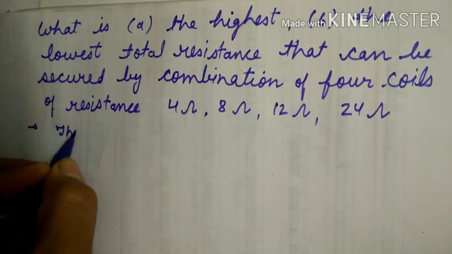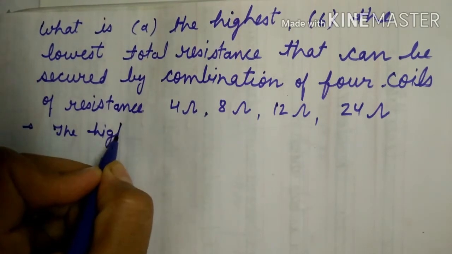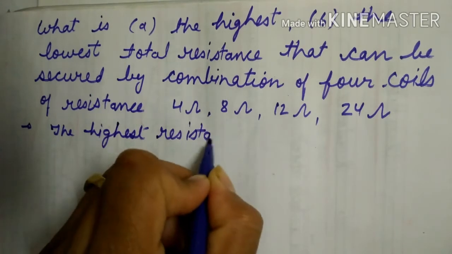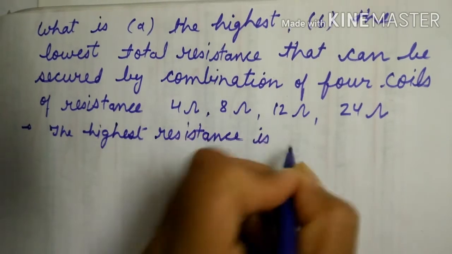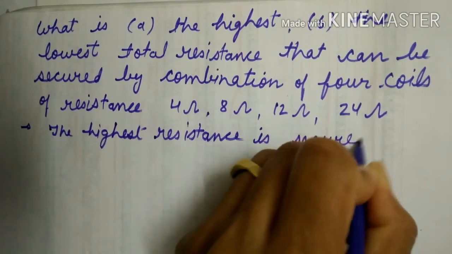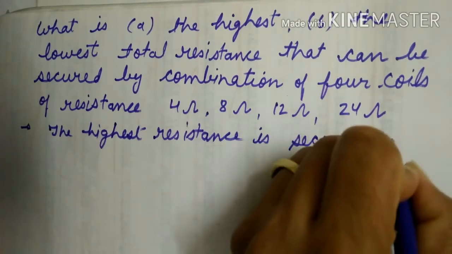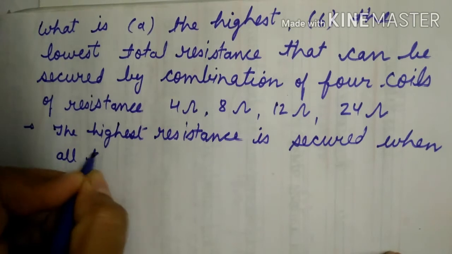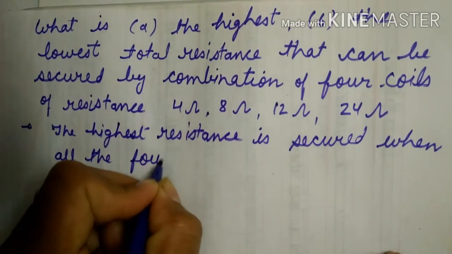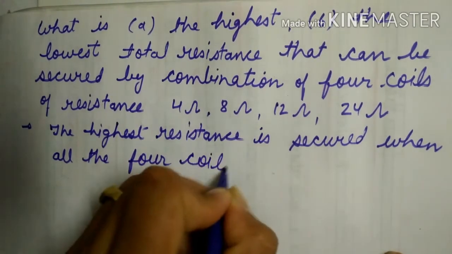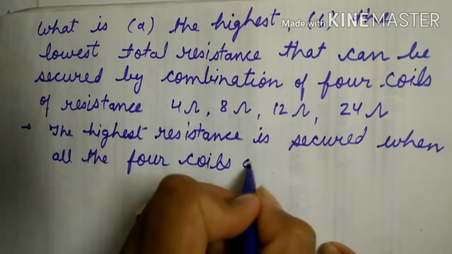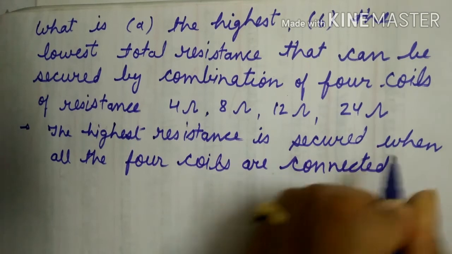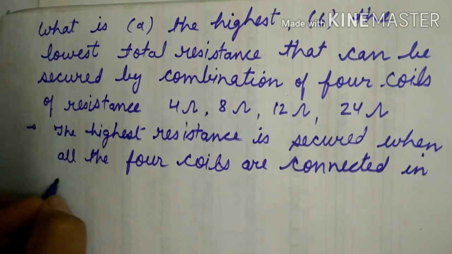So the highest resistance is secured when all the 4 coils are connected in series.